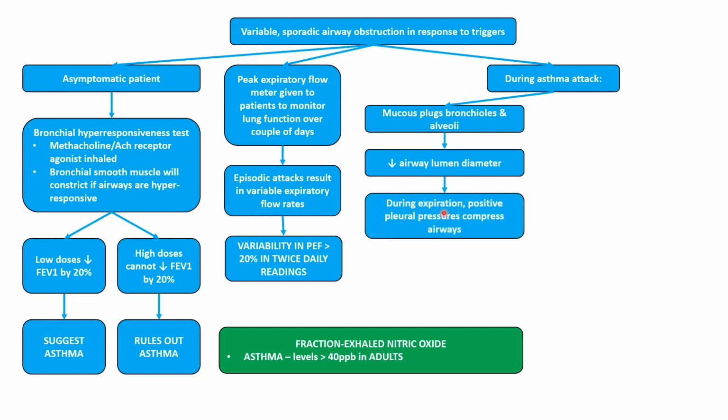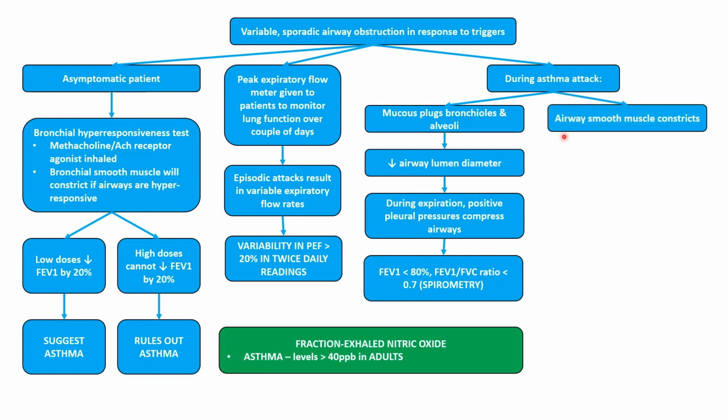Then during expiration, positive pleural pressures compress the airways, like I previously mentioned. This is going to result in a forced expiratory volume, FEV1, of less than 80%, and an FEV1 over FVC ratio of less than 0.7, on spirometry or pulmonary function testing.